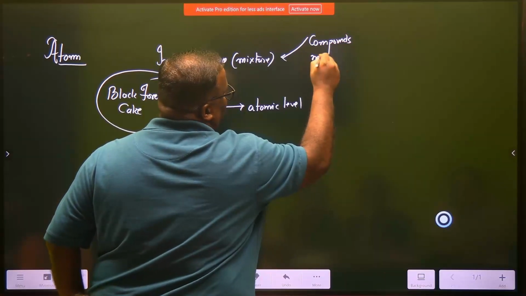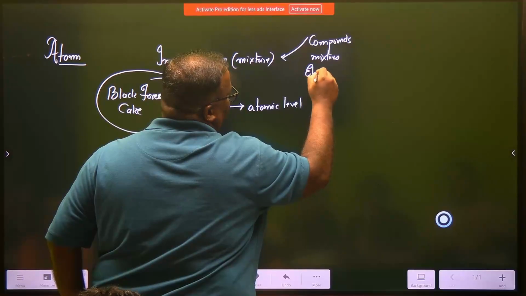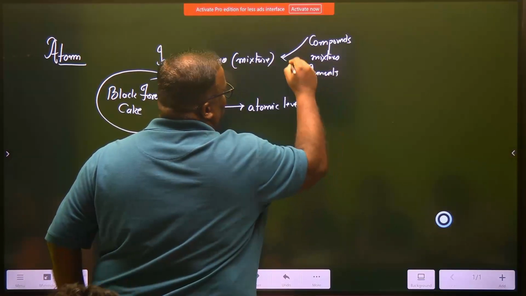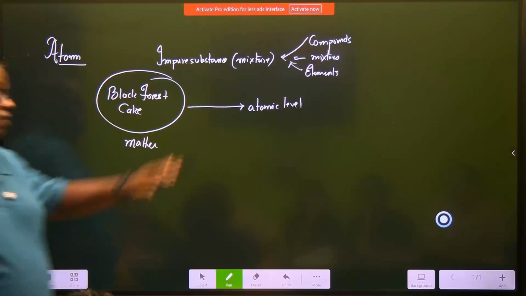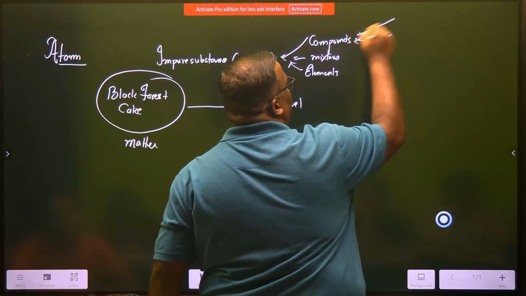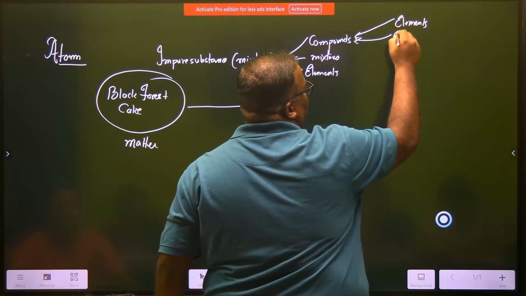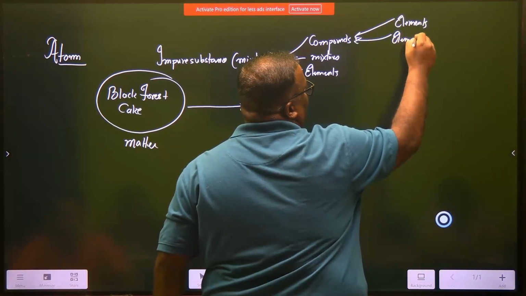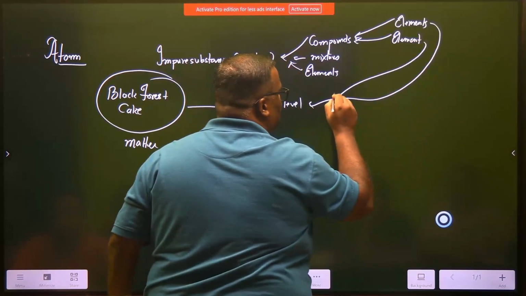Many mixtures also, and many elements which are mixed in some proportion which is not definite. And if you are a compound, then you are also comprised of many elements. And all these elements, finally, you can come down to the atomic level.